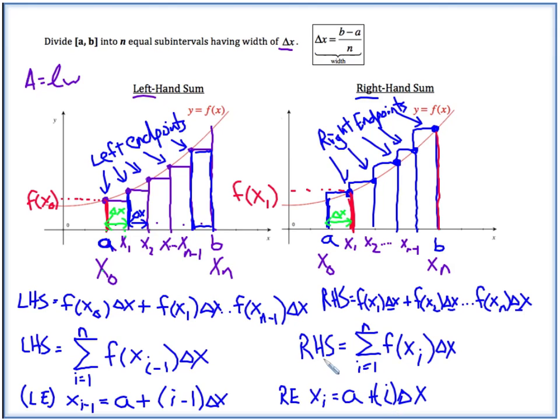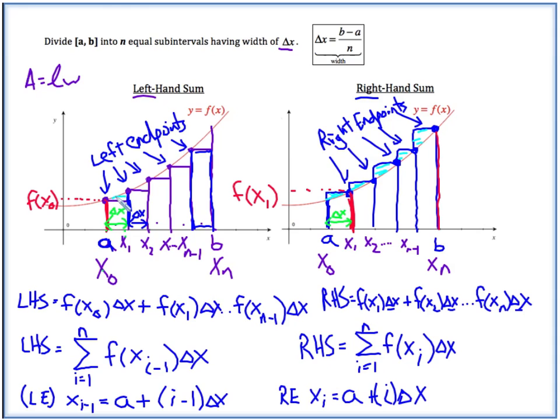Now this right-hand sum is going to give you the sum of all of these rectangles formed by the right endpoints. And this one's going to be an approximation, but it's actually going to be an overestimate, because we have this little bit of extra area right in here.